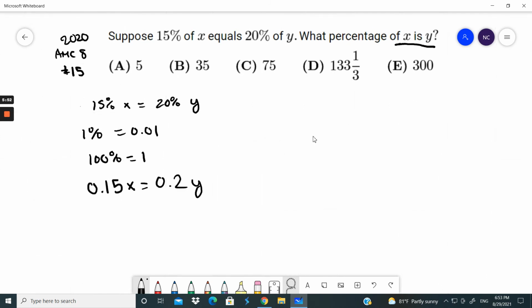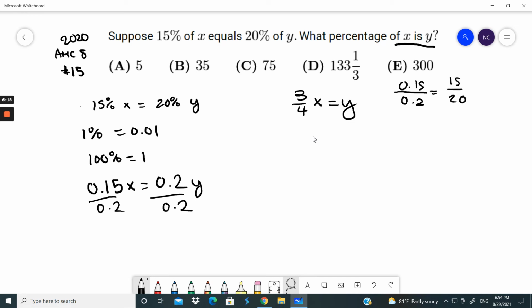To isolate y, we divide both sides by 0.2, and then we end up with the fraction 3/4 x equals y. If you are unsure how I did that, I just did 0.15 over 0.2, which is equivalent to, if we multiply the top and the bottom by 100, 15 over 20, which simplifies to 3/4.